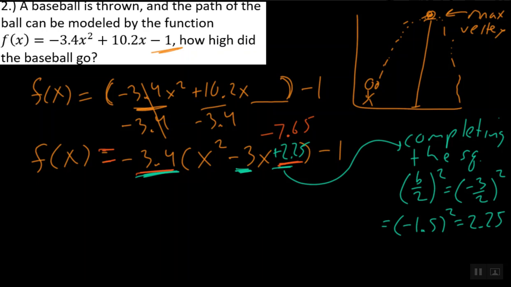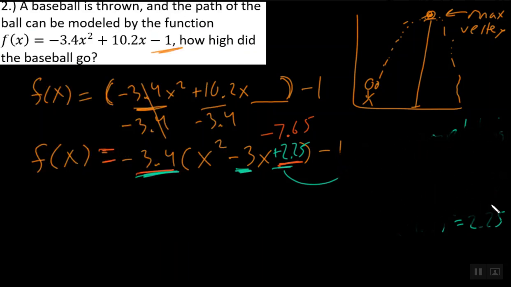Now from here, let me kind of erase this stuff and get it out of the way. In order to balance that out, what we were going to say is, you know what? To balance out a negative 7.65, we need a positive 7.65. Okay, and from there, we can begin our final stages of turning this into vertex form.